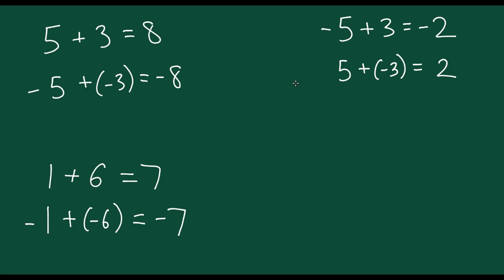All right, and we can do another set of numbers. How about negative 2 plus 9? Well, you do 9 minus 2, which is 7, and since the absolute value of 9 is bigger than the absolute value of negative 2, we make it positive. 9 minus 2, positive 7.